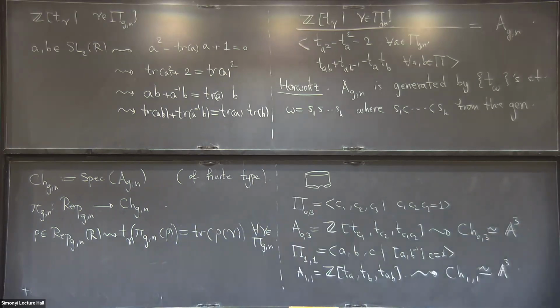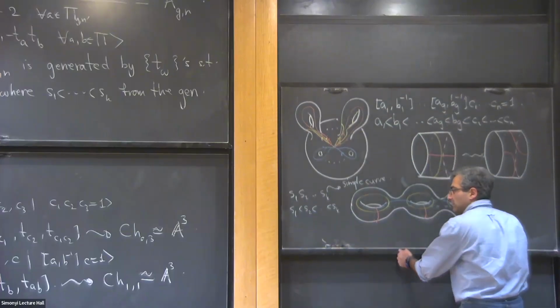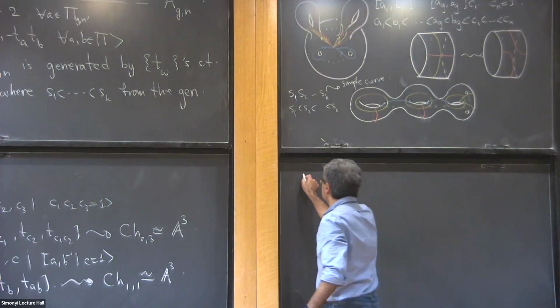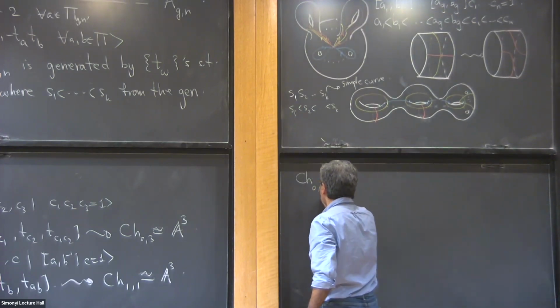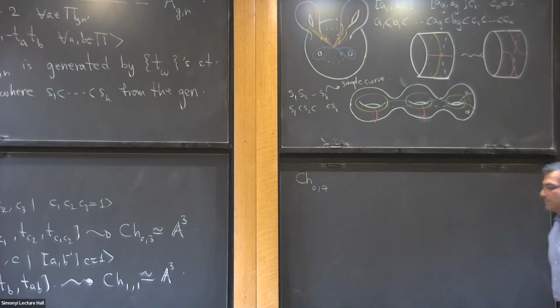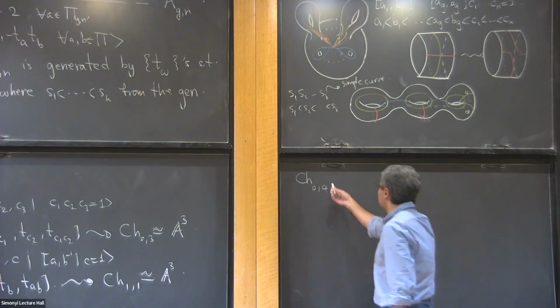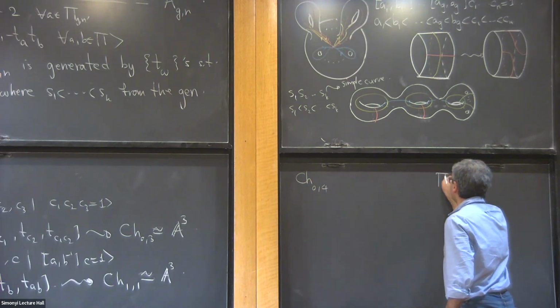But one should not get fooled by these. So, as for instance, if I look at the sphere with 4 punctures, then again by Horowitz, this time we get pi of the 4-punctured sphere.